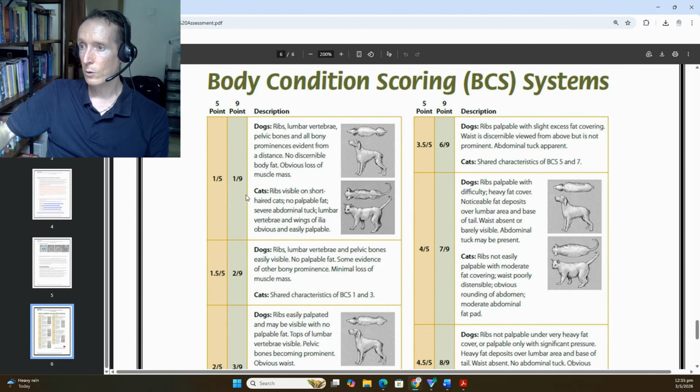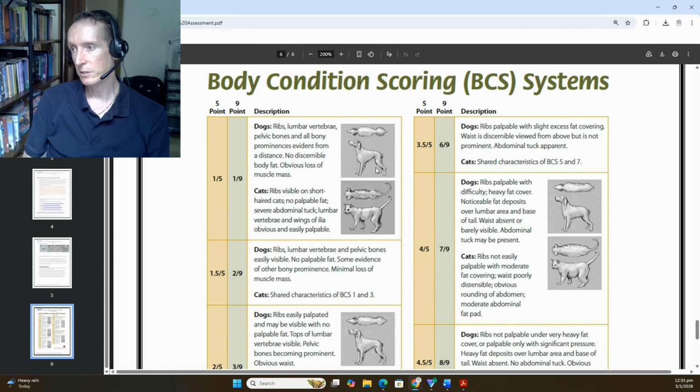Being underweight would be 1 or 2 out of 9, where the ribs are visible, the ribs can be felt, there's no palpable fat, and the pet is very defined around the chest and abdomen, or tucked in. So this is too thin.